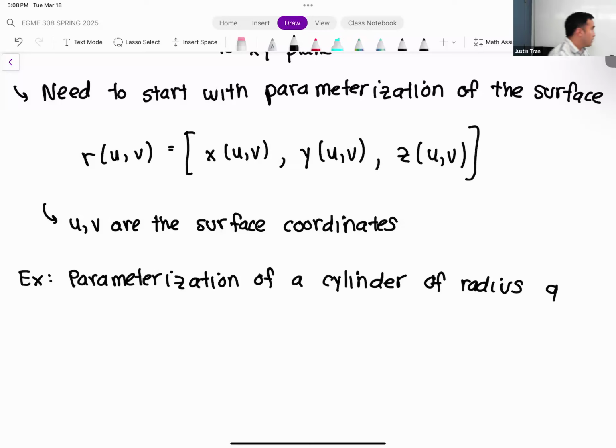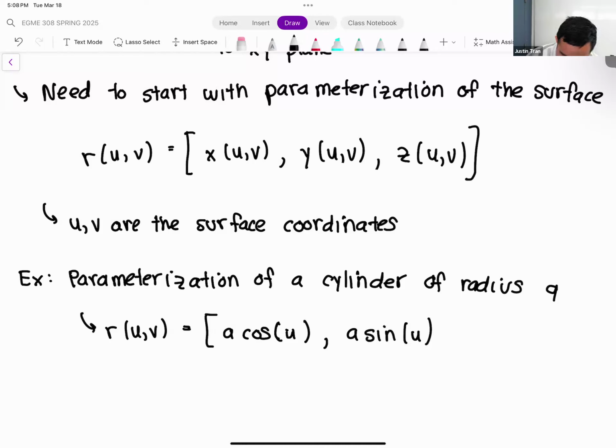Okay. So if we look at the parameterization of a cylinder of radius a, remember we just want the surface around that cylinder. In this case, our parameterization r of u and v is equal to a cosine of u, a sine of u, and v.